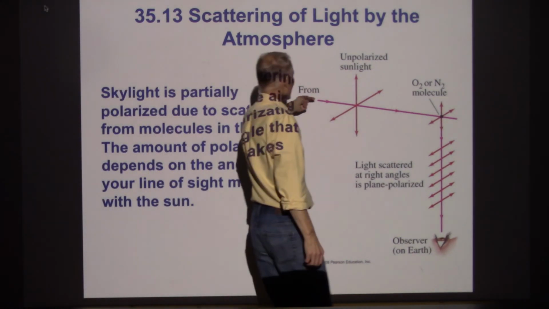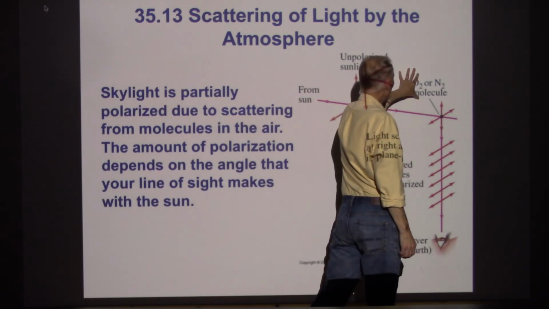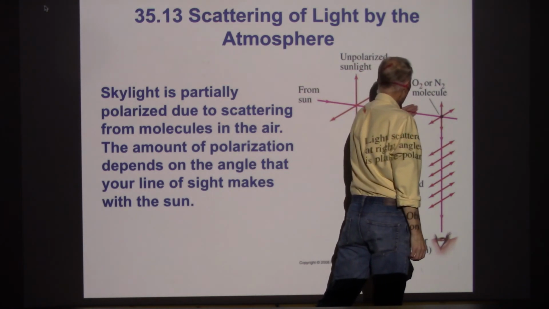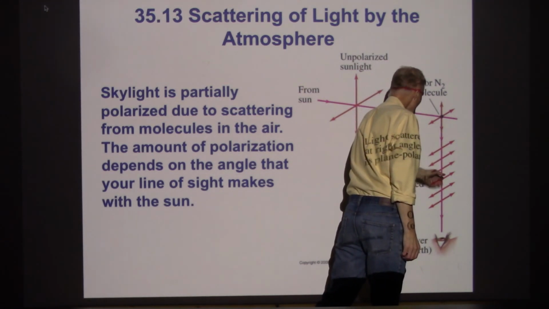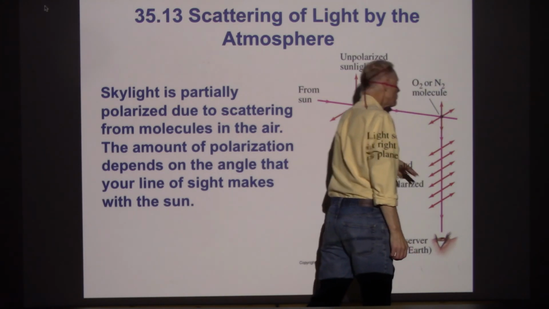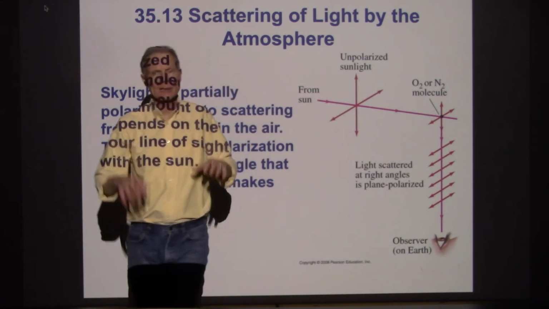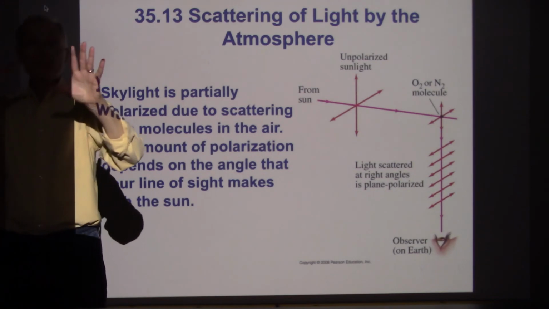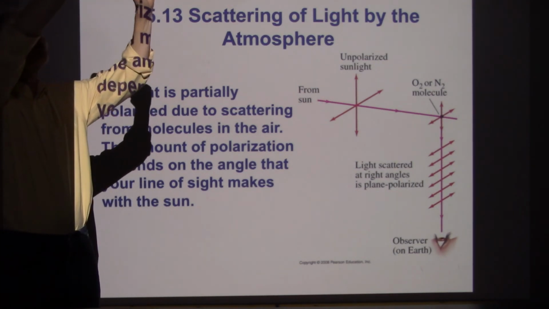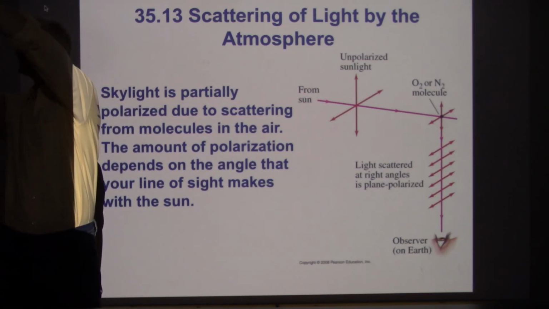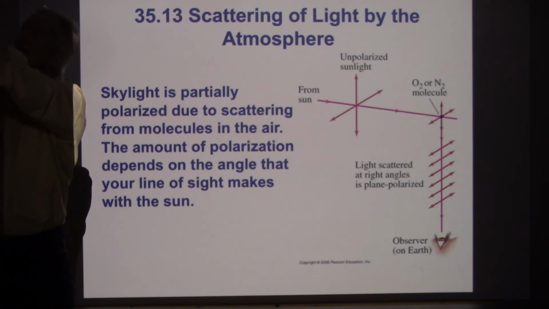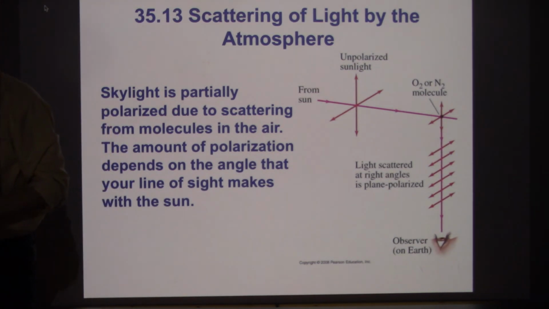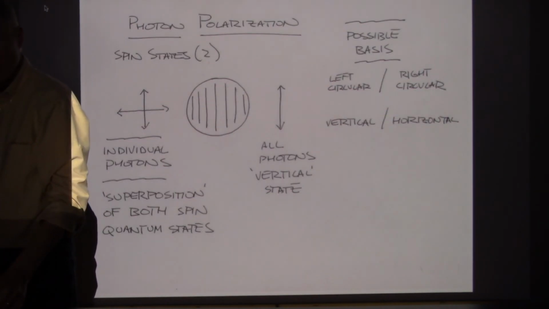So here's the light coming from the sun. It hits an O2 or an N2 molecule, and it's easy for one of the polarizations to scatter, but the other polarization gets suppressed. So if I take my Polaroid glasses and look away from the sunlight and rotate them, I can see that there's a polarized angle with that light.